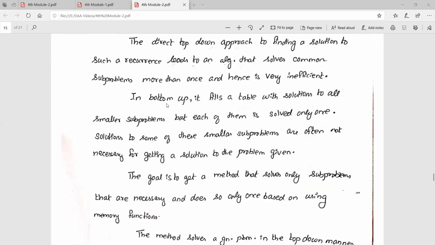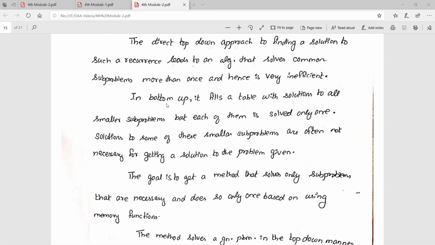The advantage is that once a subproblem is solved, we need not solve it again. The disadvantage is that to get the solution for the given problem, some of the subproblems are not necessary, but we are still calculating them.